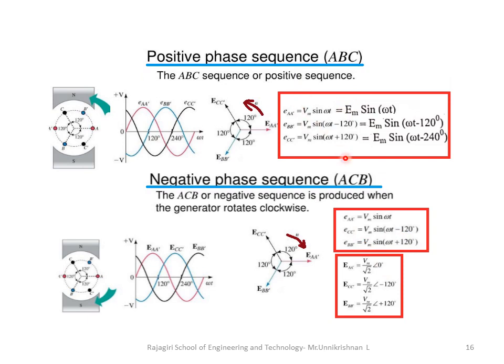In positive phase sequence, the B coil voltage was minus 120, whereas in negative sequence, the C coil voltage is minus 120 in the equation. You can also see that, out of the three equations of the phase voltages, the bottom two equations are interchanged.